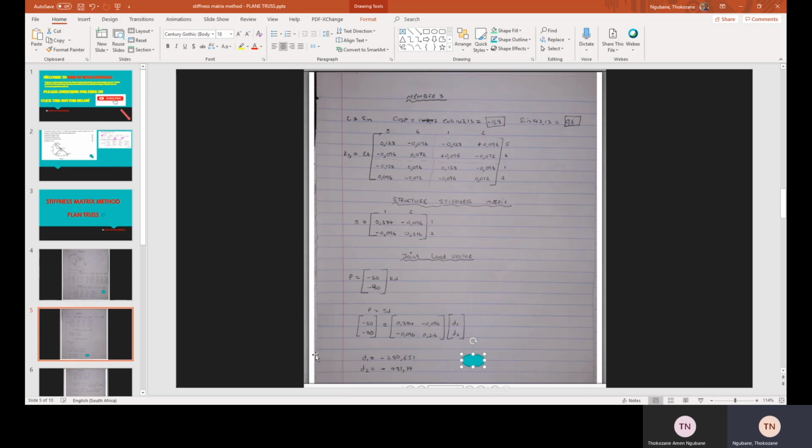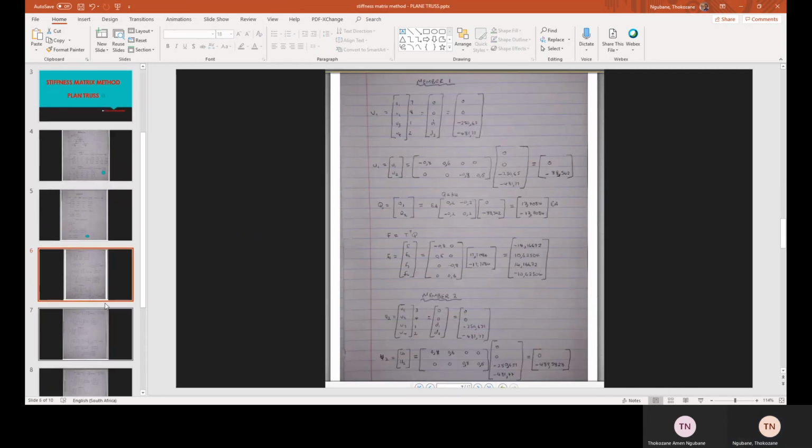Let's continue to our next step. Our next step is to find V1. V1 is simple. On members 7, 8, 1 and 2, it's simple to construct. We have 0, 0, 0. For member 7, we don't have any force, so we have 0.